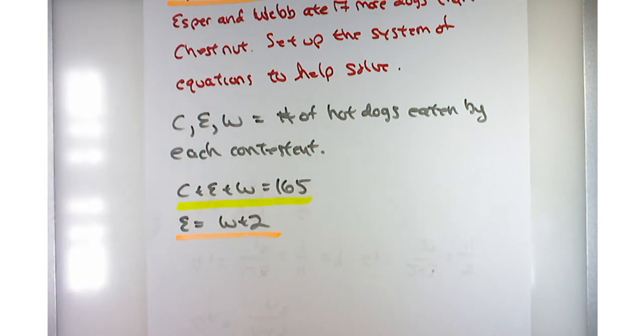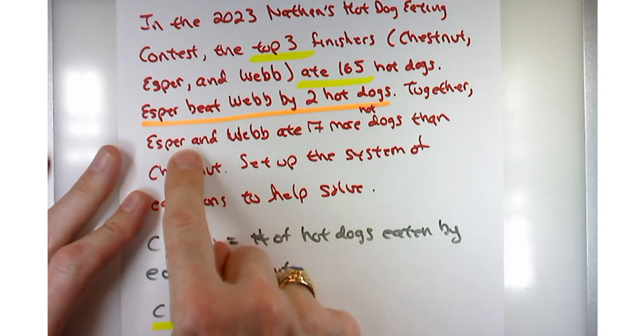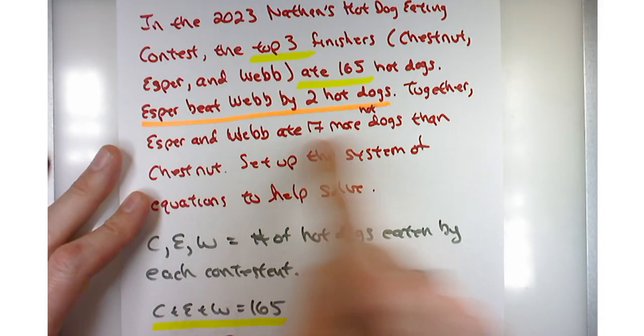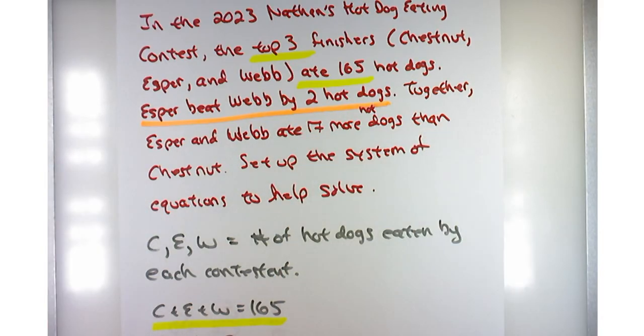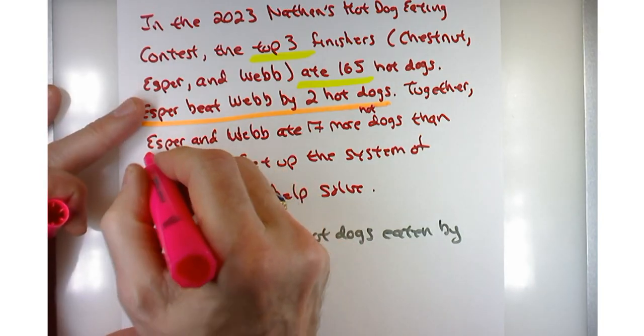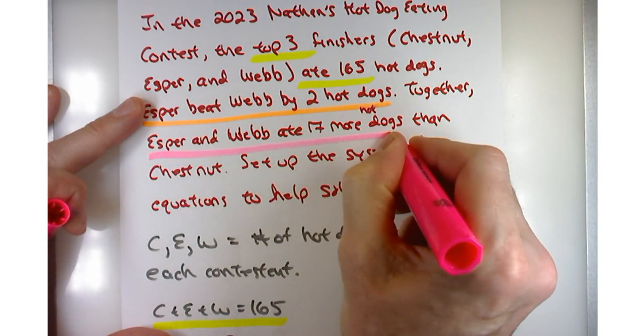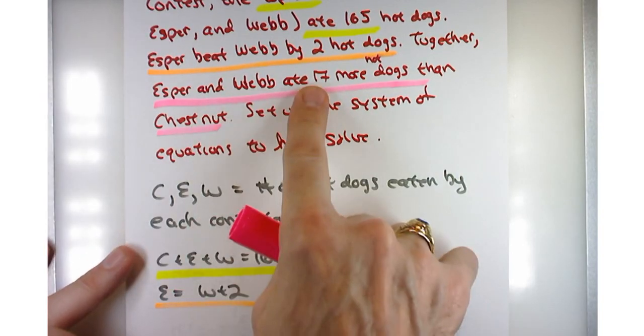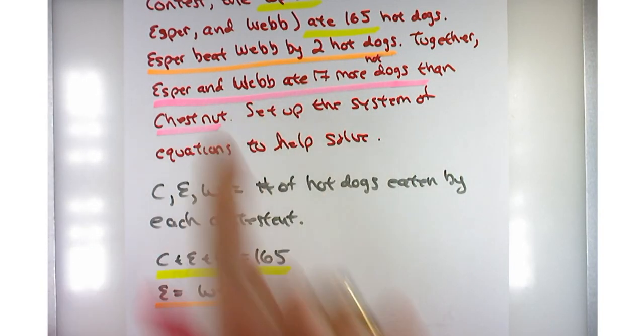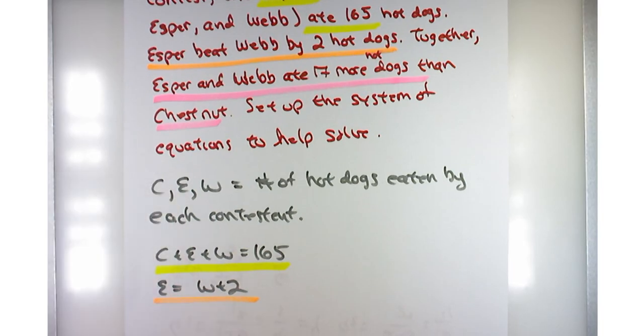And finally, together, Esper and Webb ate 17 more hot dogs than Chestnut. There's a couple ways you could write this one. Esper and Webb together ate 17 more than Chestnut. Got anything on that one?